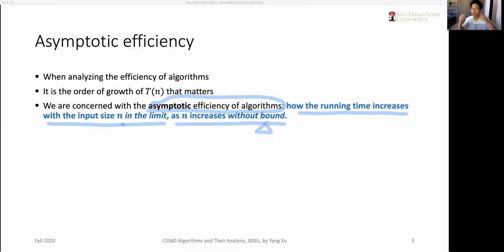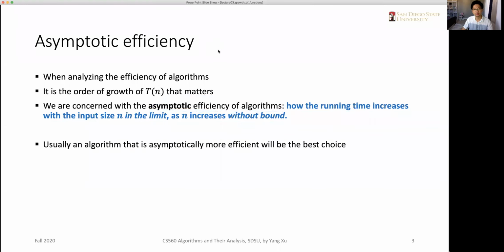We need to consider the most extreme cases because we don't know how big the input could be. That's why we are considering asymptotic efficiency. Usually when we choose between algorithms, we would choose the asymptotically more efficient one.